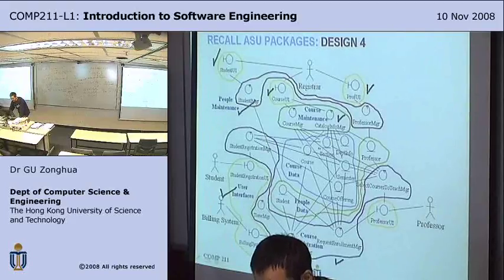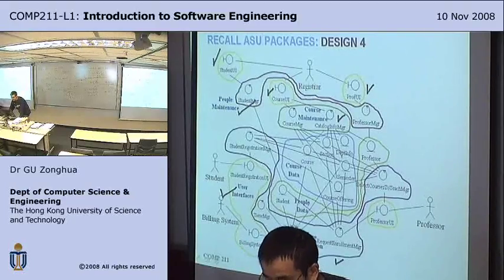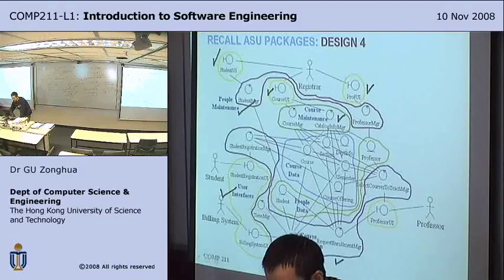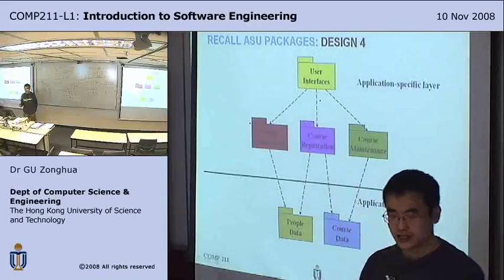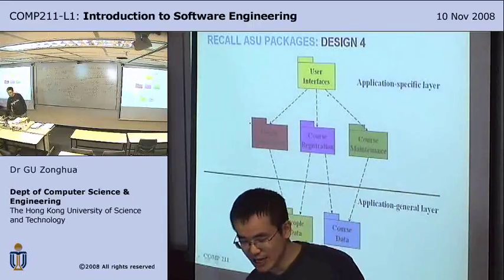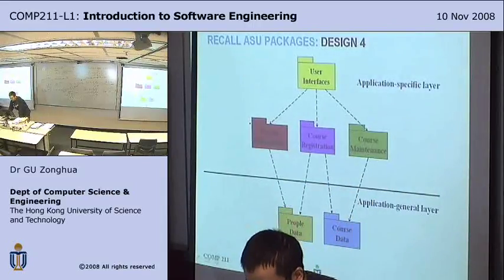And then you partition the entity classes into two parts. One is those related to course data, course section, semester, course offering, and those related to people data. So you can draw the connections between these packages by following the connections in the analysis class diagram. So this is the analysis packages.